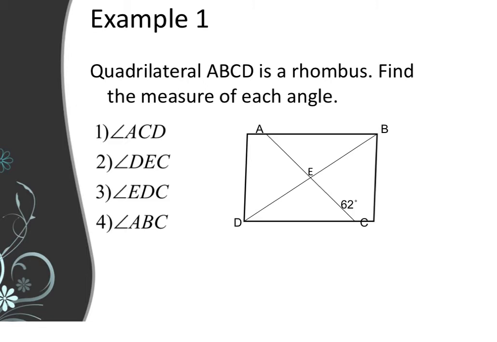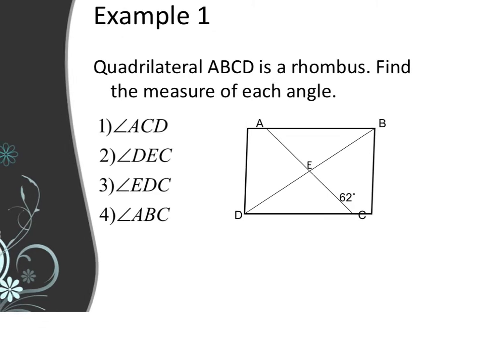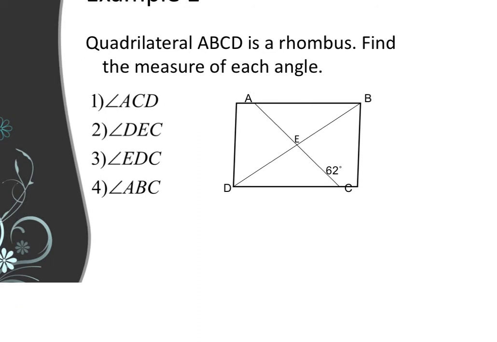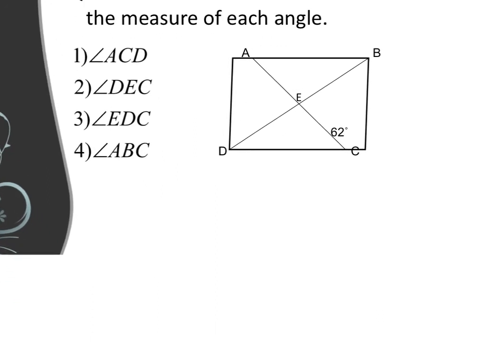So in example 1, quadrilateral ABCD is a rhombus. Find the measure of each angle. And again, guys, these for some reason aren't printing very well, so we're going to draw our image again down below. Just draw more of a parallelogram, something that looks like this. And then these are your diagonals.